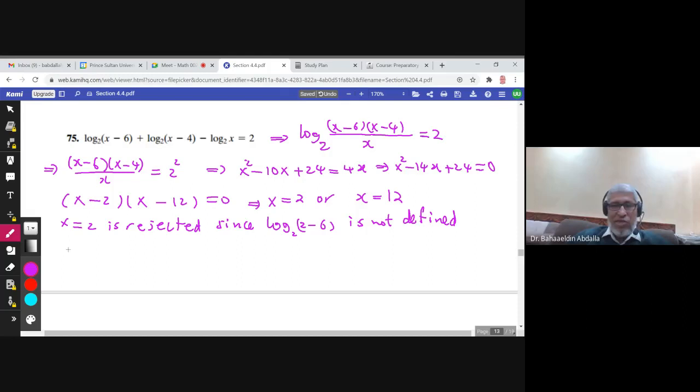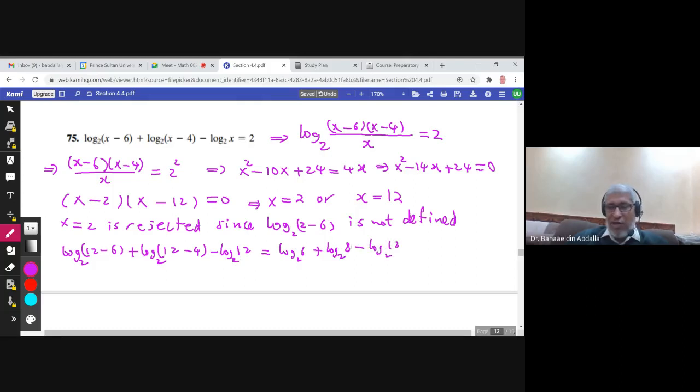So let us check 12. So log 12 minus 6 to the base 2 plus log 12 minus 4 to the base 2 minus log 12 to the base 2. This is 12 minus 6, this is 6. So I have log 6 to the base 2, and I have 12 minus 4, this is 8, log 8 to the base 2, and here log 12 to the base 2.